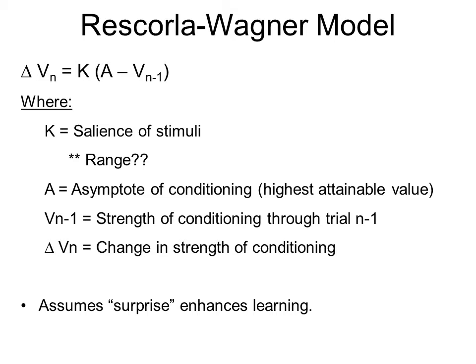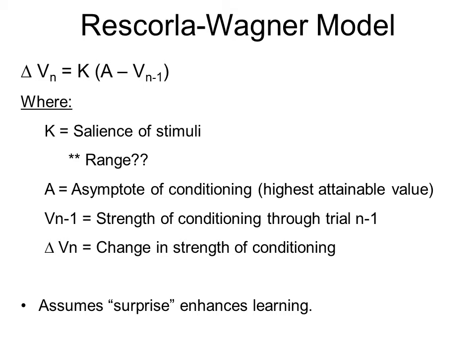So if you are on, for example, trial 7, with n meaning the trial number, n minus 1 would be 7 minus 1, or 6. What is the cumulative strength of conditioning that has accumulated from trials 1 through 6? And then, of course, on trial 7, the current trial will add to that accumulated total once it has been completed. So Vn minus 1 is the accumulated strength of conditioning up through the previous trial.